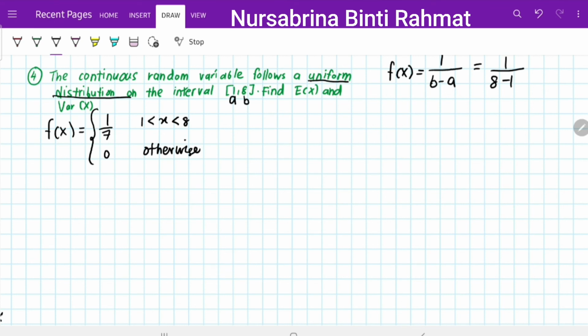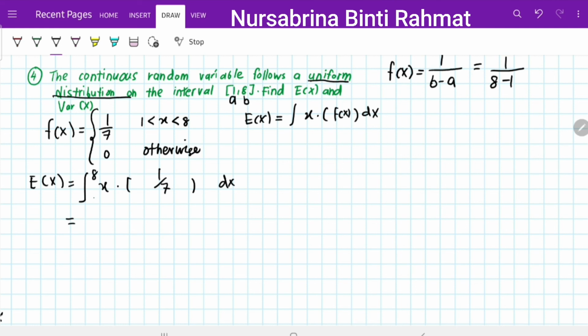Now we can calculate what is the EX. Your EX equals the integral of x multiplied with your fx dx. Integrate x, and in the bracket fill in your fx, which in this one is just 1 over 7, from the class interval 1 to 8.